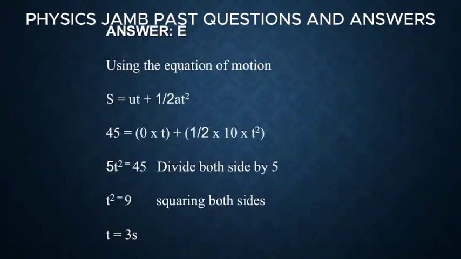The answer is E, using the equation of motion, thus S equals ut plus 1 over 2 at squared. From there, you know that that's the distance there, which is 45.